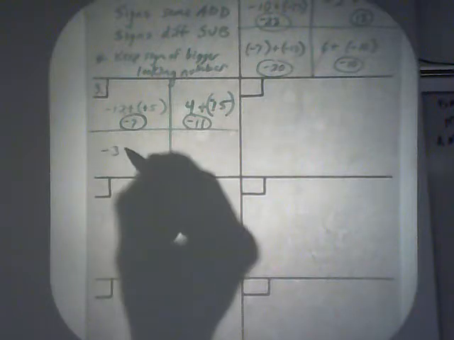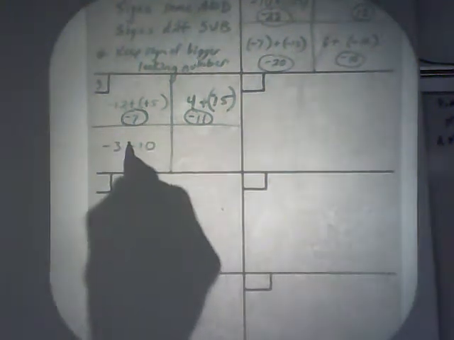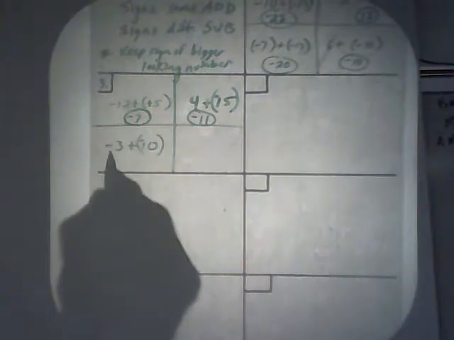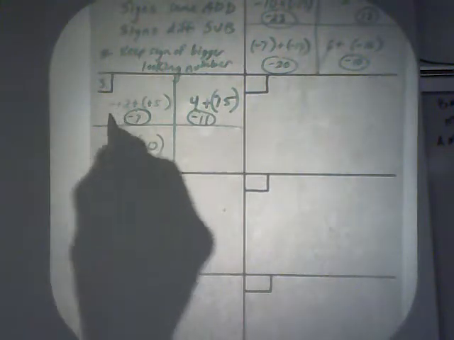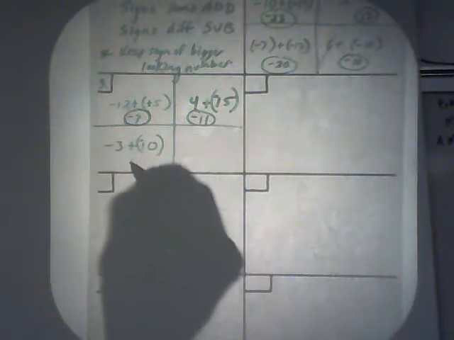Okay, let's go again, -3 minus 10. Do I ever want to subtract? No. Add. What's the opposite of 10? -10. Do I ever touch the front number? Never. I never touch the front number. Don't mess with that one. Signs are the same. Add. Keep the sign of the bigger looking number.